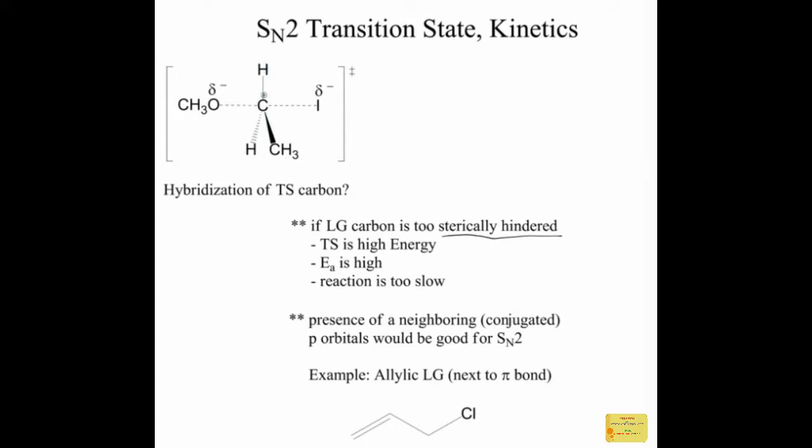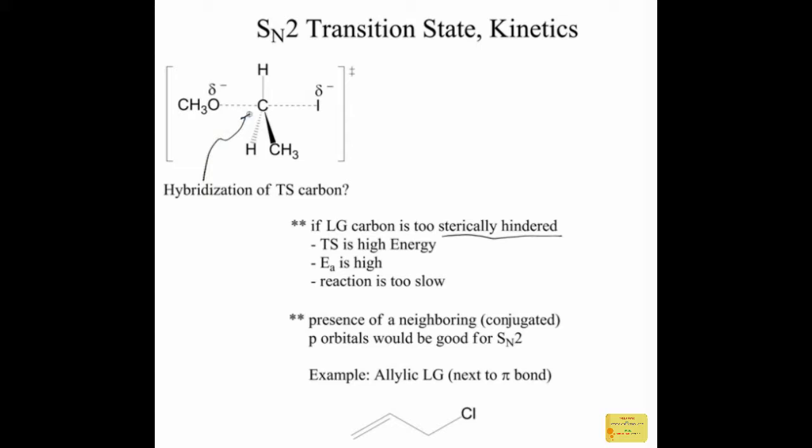That's going to have a lot of steric hindrance, a lot of crowding, and that's going to take that transition state energy and raise it up. What does that do to the reaction? It slows down the reaction because it has a higher energy of activation. So the transition state energy is higher, and the energy of activation is higher, and therefore the reaction is too slow. So this transition state is going to explain the rate effects that we just saw in the previous slide.